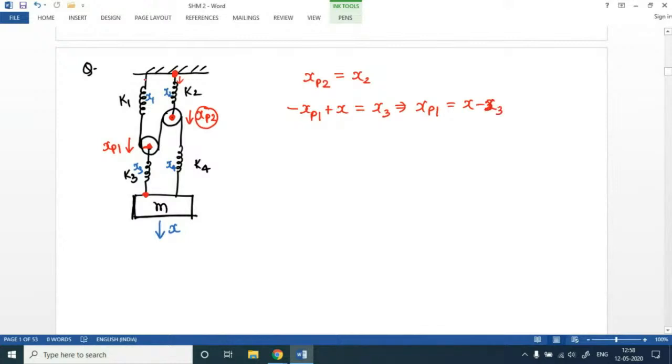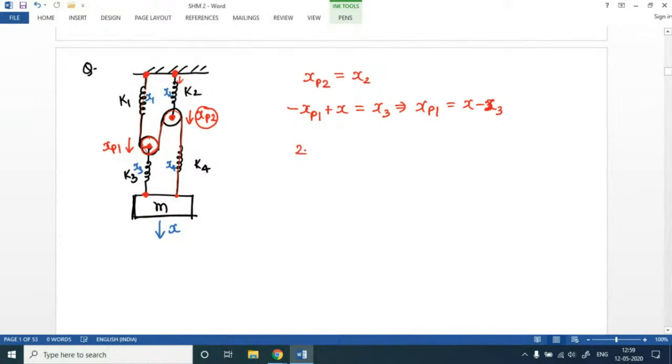And finally, we can write the spring constraint relationship for this longer spring over here. You must move from one end to another end and keep tracking the change in length at each and every point. So this point is fixed, no movement, and then we encounter this pulley. If this pulley goes down by xp1, that will stretch the spring by double of its movement.